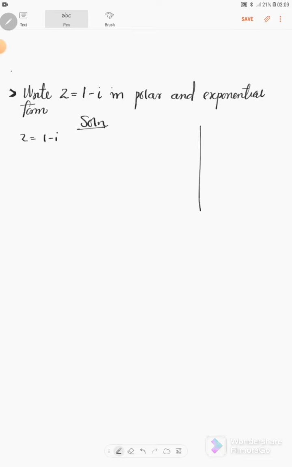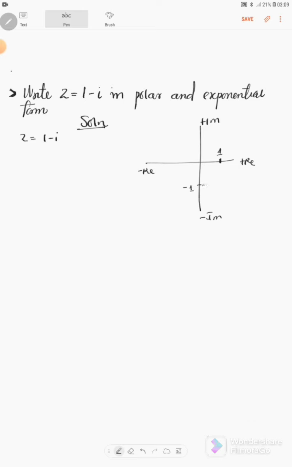This is your plus im, minus im, plus re, minus re. Our real part is 1. Our imaginary part is minus 1. Okay, let me write them up. Real part is 1, imaginary part is minus 1.